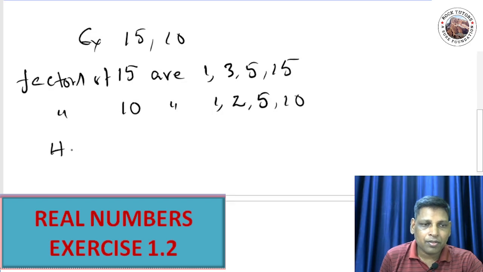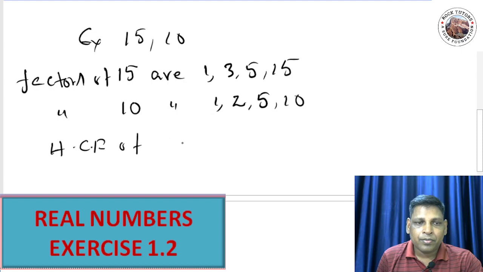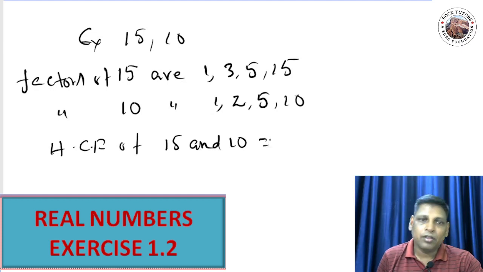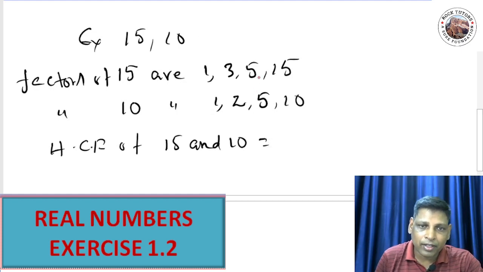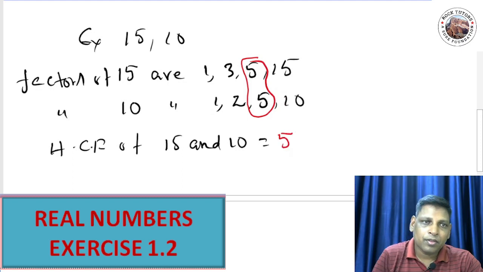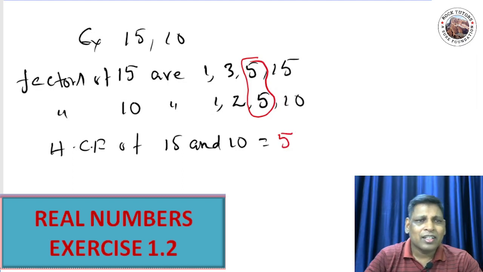HCF of 15 and 10. So here, what is the highest common factor? The highest common factor is 5. Now, can we say 15 and 10 are co-primes?